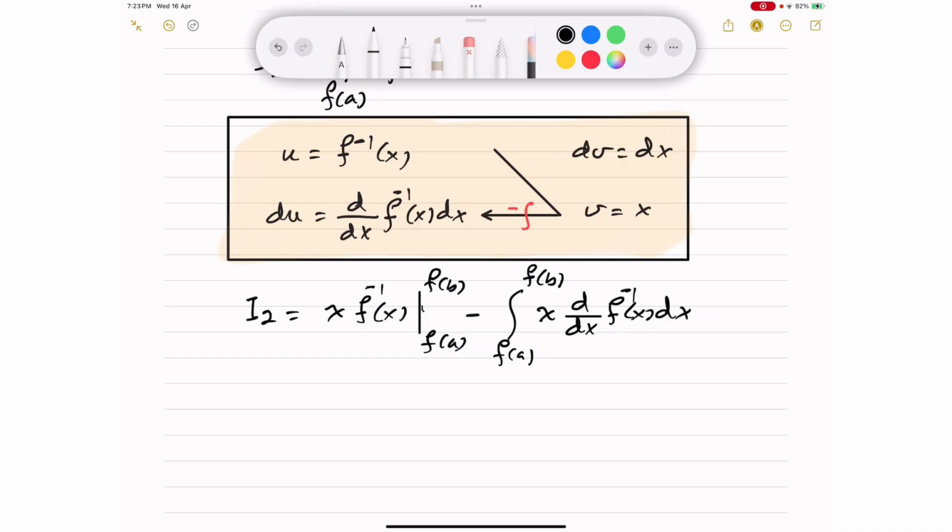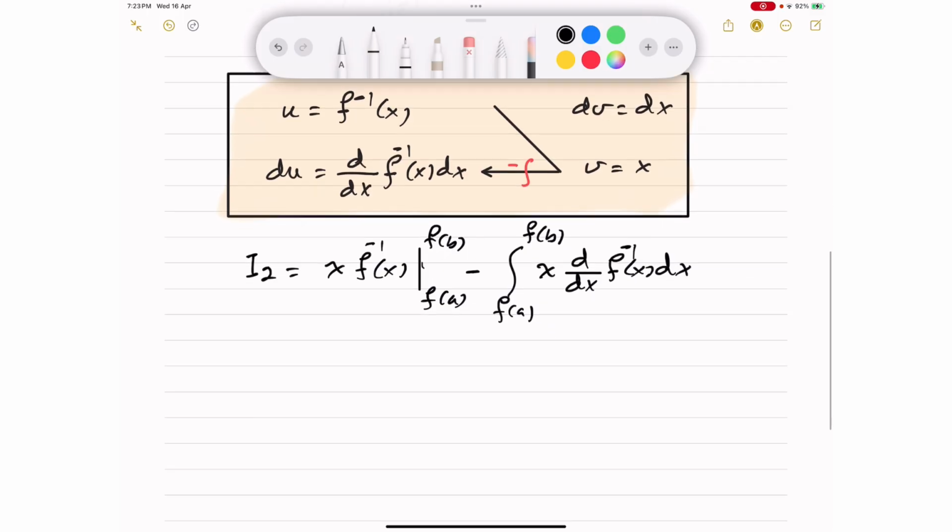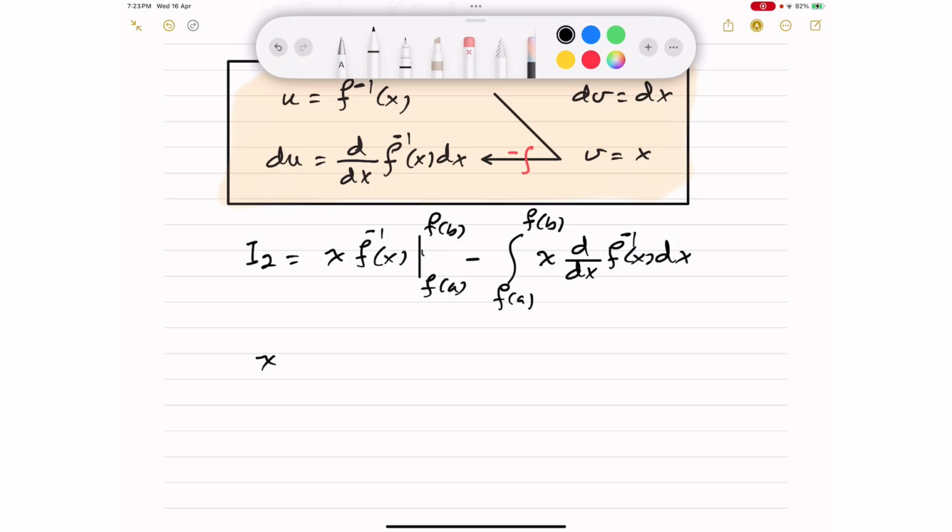Let's start with the first term. The first term is x f inverse of x from f of a to f of b, and that is going to be equal to, we first substitute the upper limit instead of x, so that gives us f of b times f inverse of f of b, which is b, so that gives us b f of b.